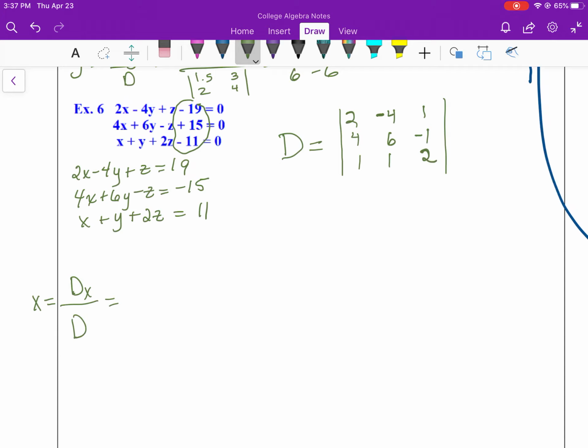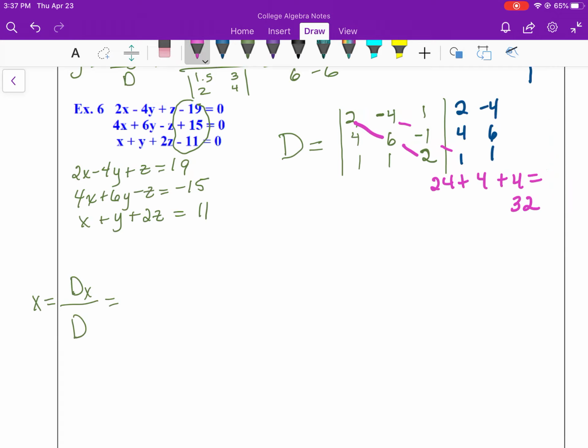And what I'm going to do is do what I did yesterday and expand that. I'm going to copy down my first 2 columns. And then I'm going to start with this product, and 24 plus 4 plus 4, and that's what, 32? Get rid of this real quick.